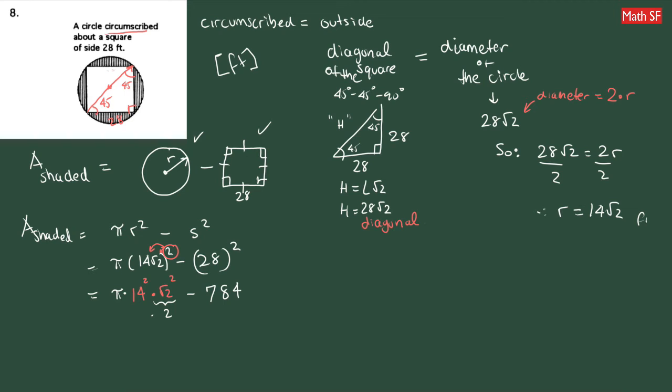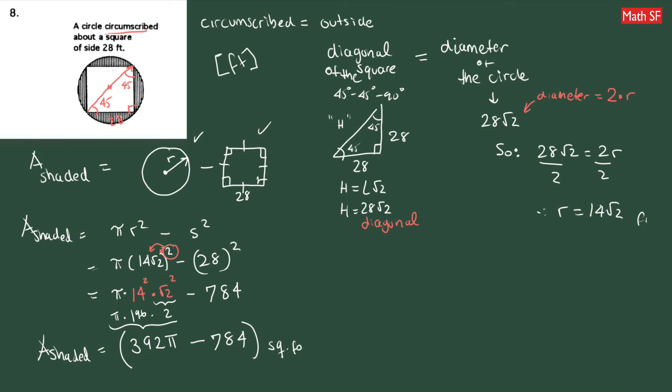Let's use the calculator for that. 196 times pi, and all of this here is going to be 392 pi minus 784. So that should be the exact solution of the shaded region. But do not forget that all of this has square feet.